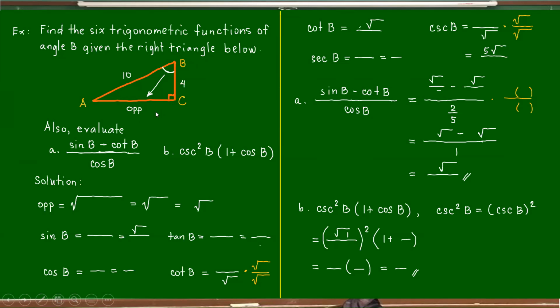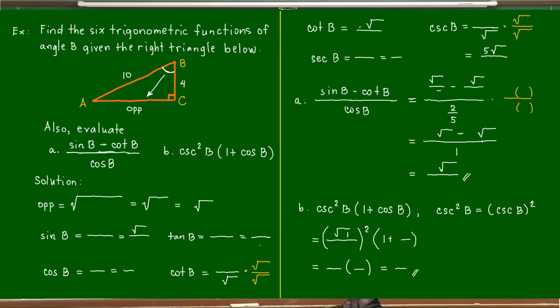There is a missing side, and since we need all 3 sides to define the 6 trigonometric functions of angle B, we have to solve for this opposite side first. Also, we're asked to evaluate the value of this expression and also this expression.